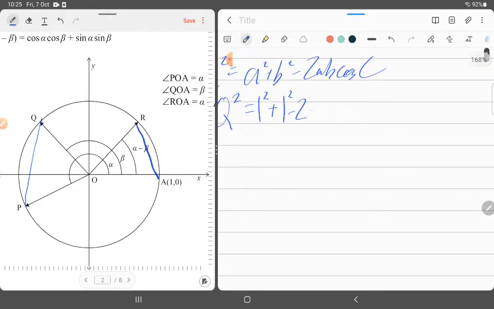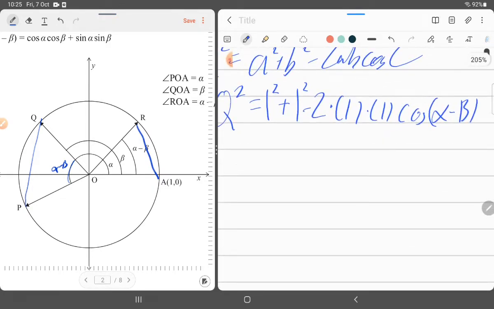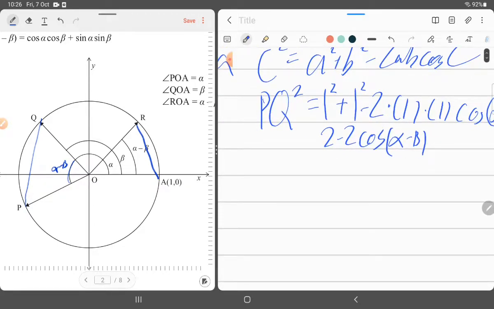So 1 squared plus 1 squared minus 2 times 1 times 1 times cosine of this angle, which is alpha minus beta. So 2 take away 2 cosine alpha minus beta is equal to PQ squared.